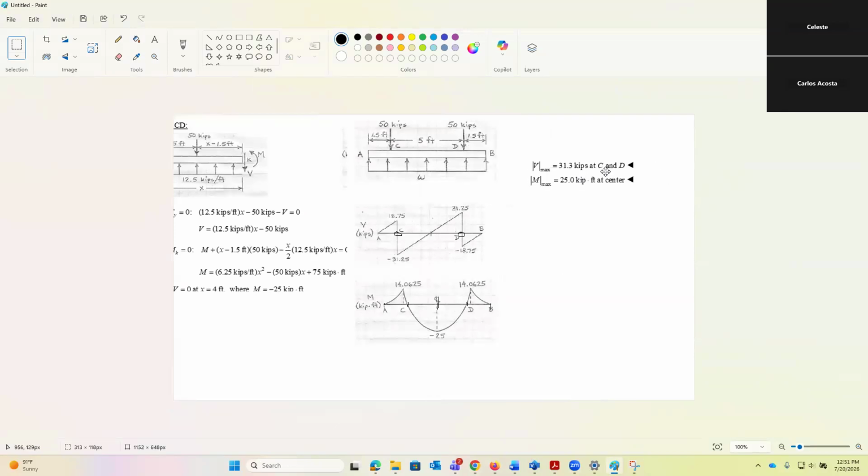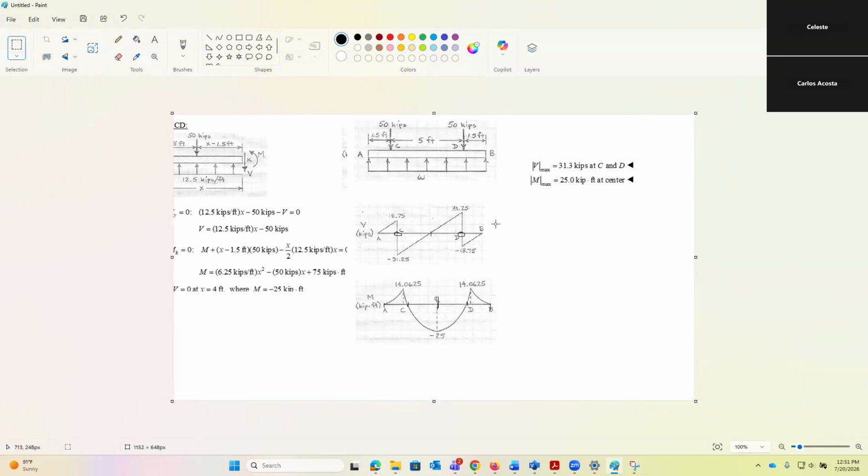I just put those values in the equation, and the maximum is 31.3. And we already know that the maximum is 25. How do you know that 31.25 is the maximum? It's not located at the center, it's located at each point, right? Here, D and C.